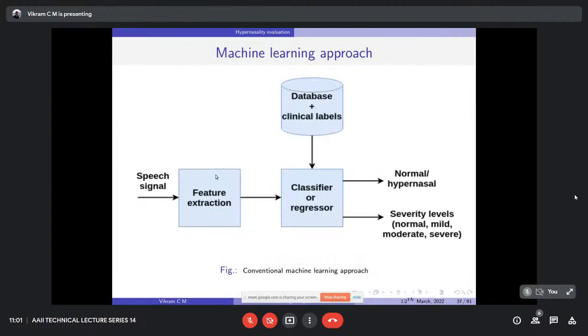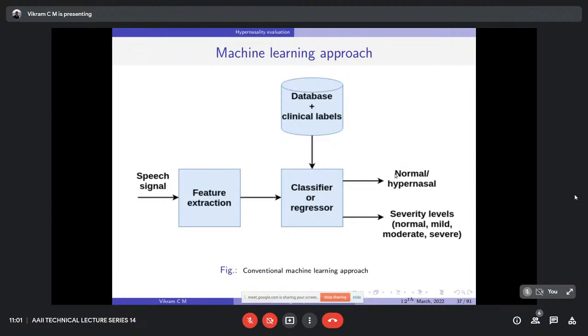How can a machine learning algorithm be developed? This is a conventional approach where we have the speech signal and extract some features like LPCC and mel frequency cepstral coefficients, and we have the perceptual ground truth also.